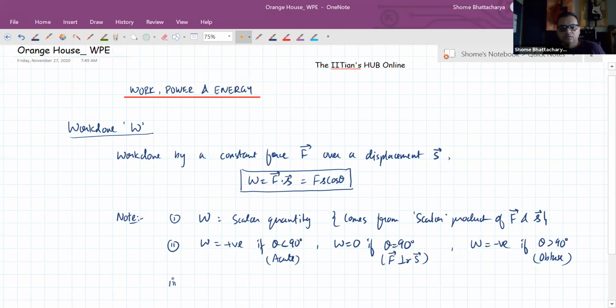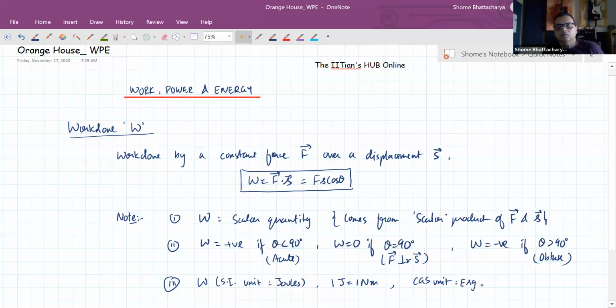And the next thing, work done SI unit, joules, where 1 joule is equal to 1 Newton meter. CGS unit is erg, where 1 erg is equal to 1 dyne centimeter.